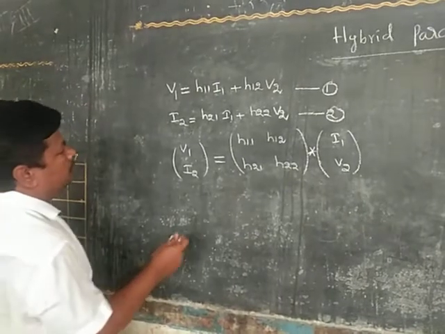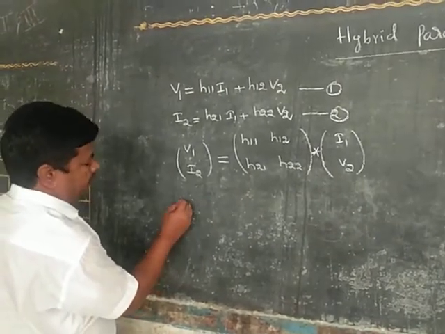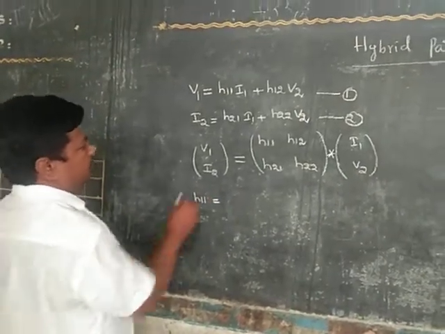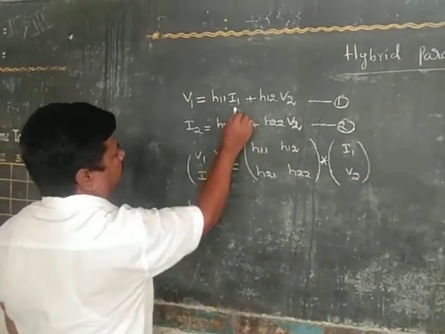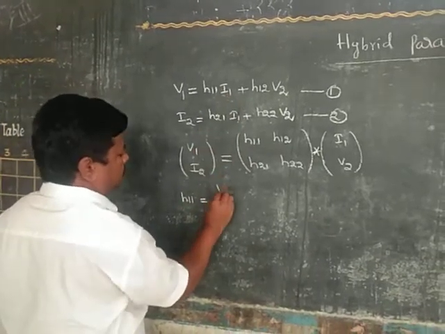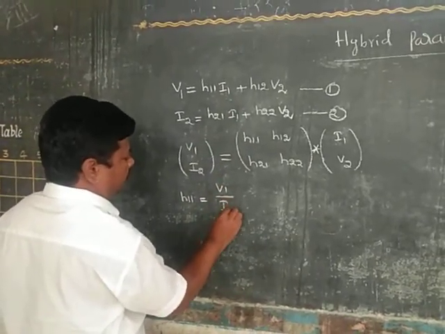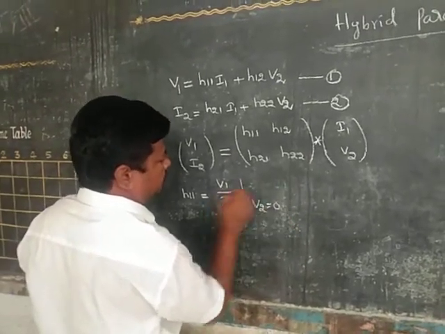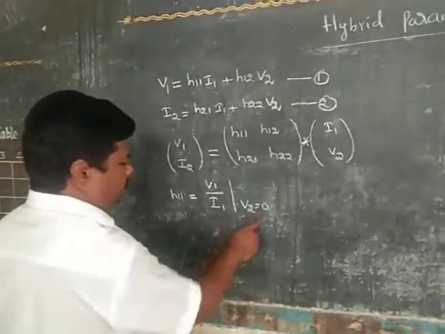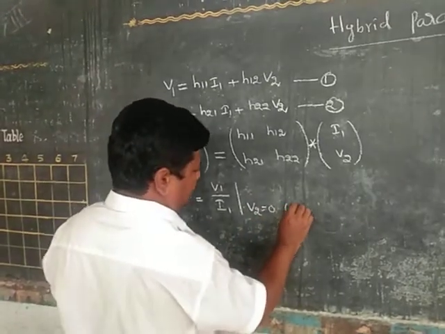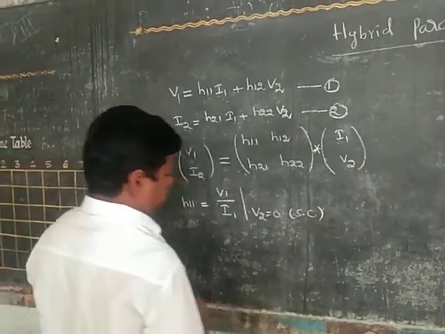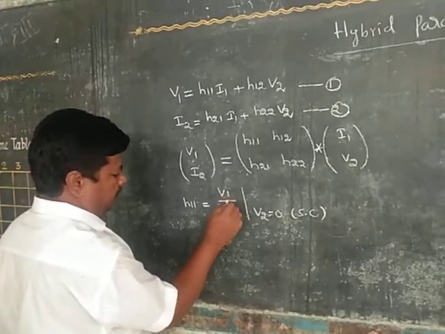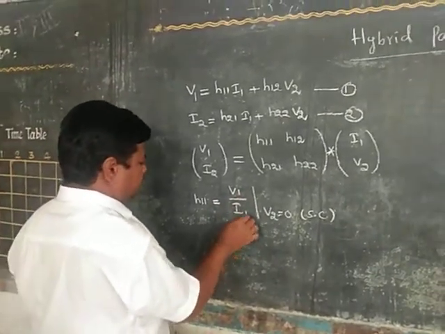Now let us find one by one, starting with H11. By using equation 1, H11 is equal to V1 by I1 when V2 is equal to 0. V2 equal to 0 means short circuit. V by I is the impedance at the input port.